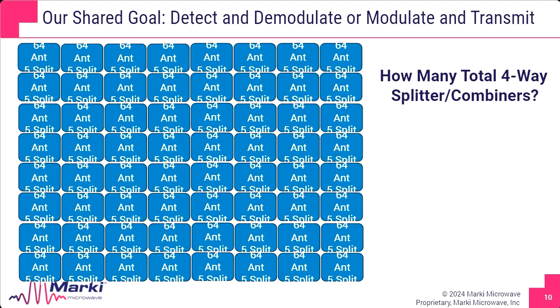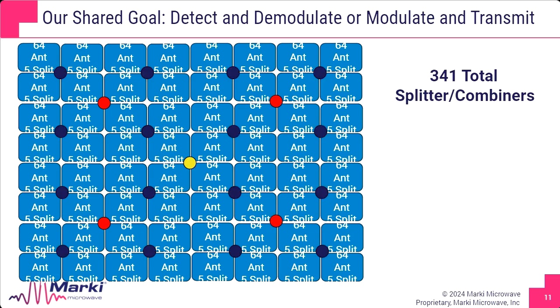And here we see each blue square contains the 64 antennas, 5 splitters, and 16 beamforming ICs. And each of these need power dividers to interface between them. So we're showing 4-way dividers or combiners. And it comes out to a total of 341 total splitter combiners for the system.